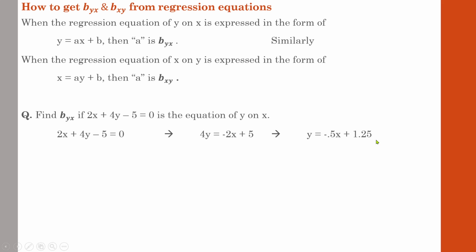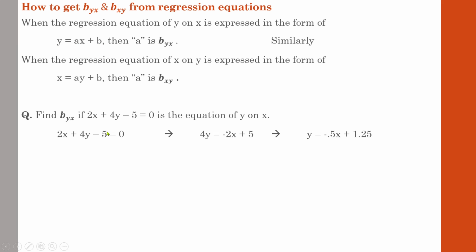Try to simplify it as easily as possible. Now you have converted the equation given in the question to the pattern of the method of least squares equation, that is y equal to ax plus b.